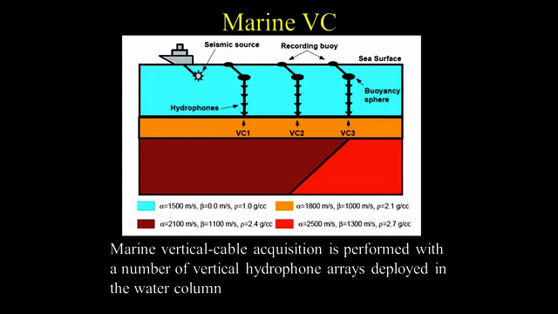In areas congested by platforms or other obstacles, vertical cable or VC seismics is emerging as an alternative technology to surface seismics, because it operates with small boats without the cumbersome towed streamers. Another advantage of VC technology is higher quality data, because the receivers are in a quiet environment compared to the near-surface environment, which can be affected by ocean swell, under which measurements like towed streamer data are made.